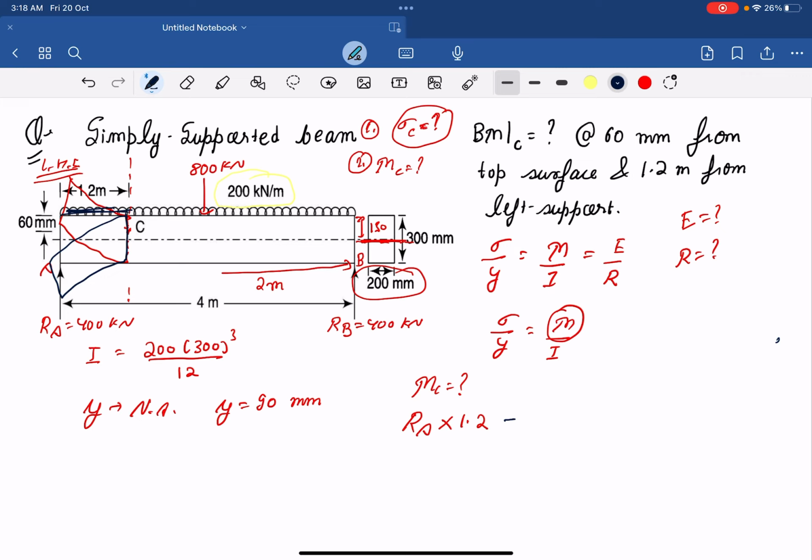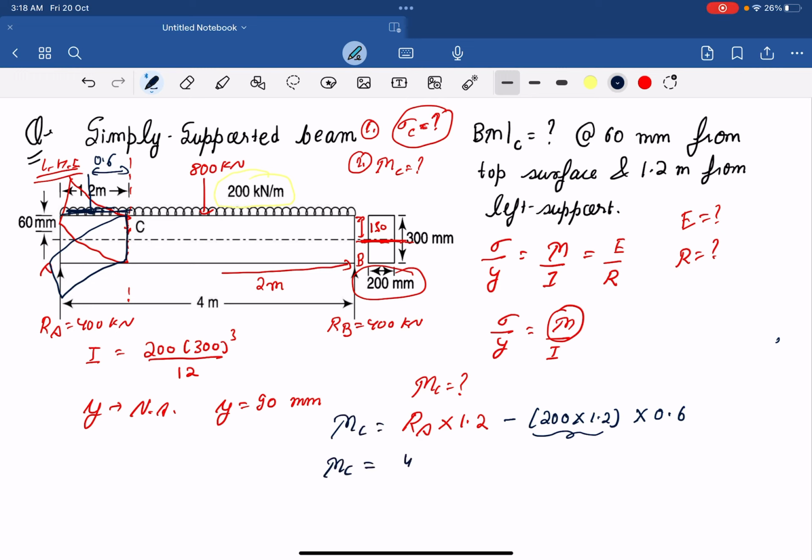Total load is 200 kilonewton per meter into 1.2 meter, and it will be acting at the midspan, that is 0.6 meter. So the distance is 0.6, right? And I don't see any other load on the left hand side of this point C.